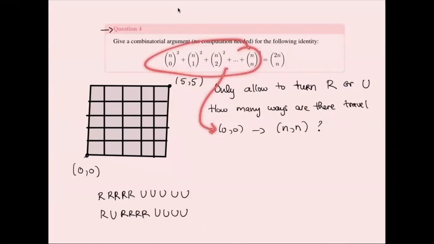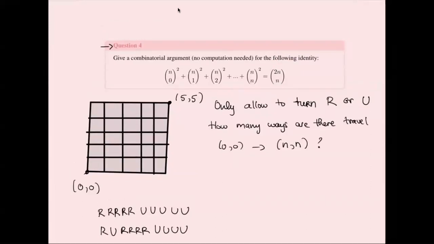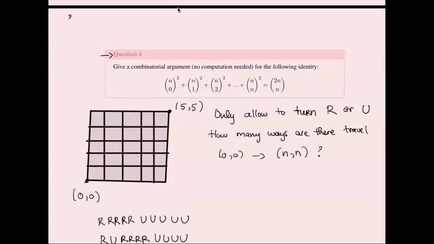And since the left-hand side and right-hand side both count the same thing, therefore, they have to be equal. So that would be the structure of our argument. I will take this up to 350. Let me know if you are still confused about anything.